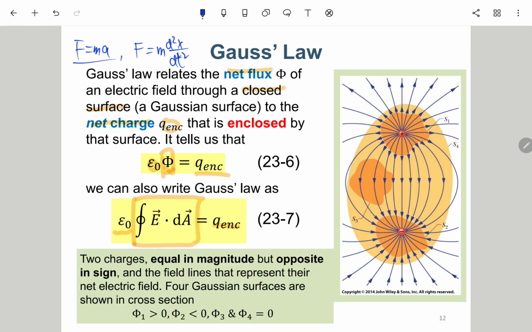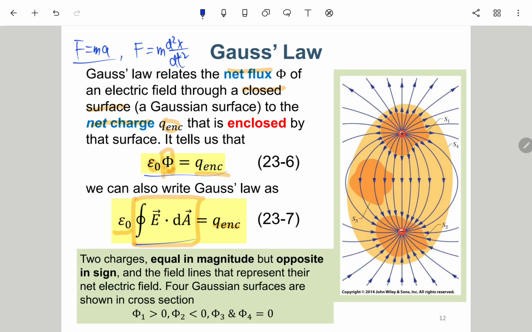With this expression, you'll be able to write some differential equation, so it will be more useful. For this one, it's just like multiplication, just like F equals MA, but here we try to replace it with a surface integral.